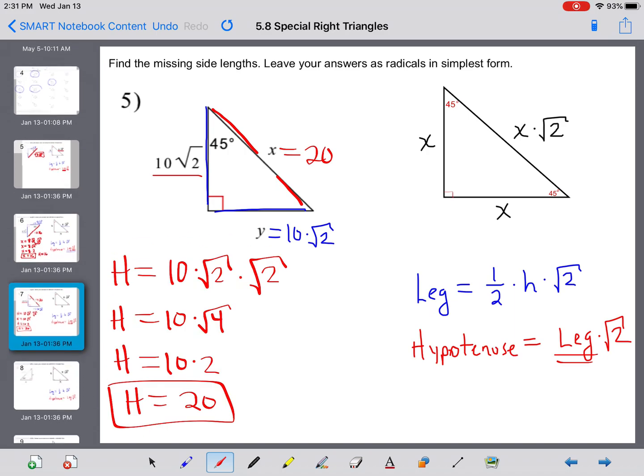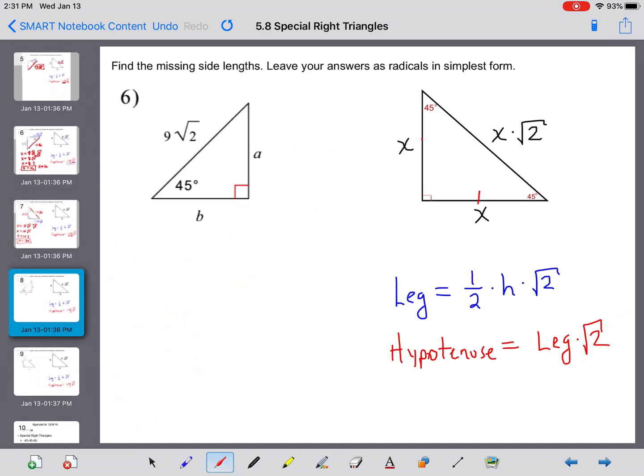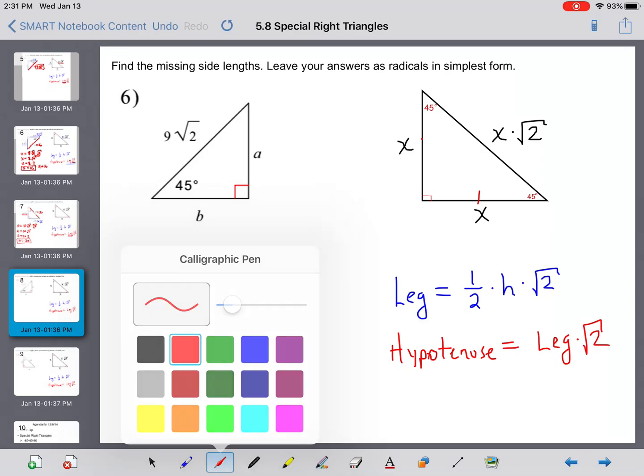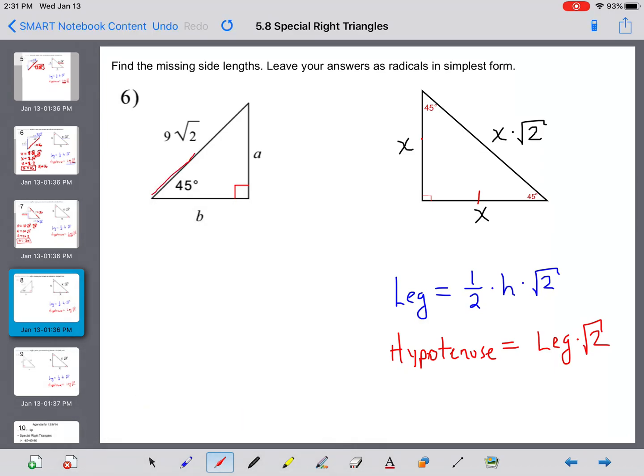Okay, we're going to mix it up a little bit in our next example. In number 6, we are given the hypotenuse, and the hypotenuse is 9 times the square root of 2. Looking at the diagram, notice how the hypotenuse is always some number times the square root of 2. If I isolate that number in our example, what is that number?